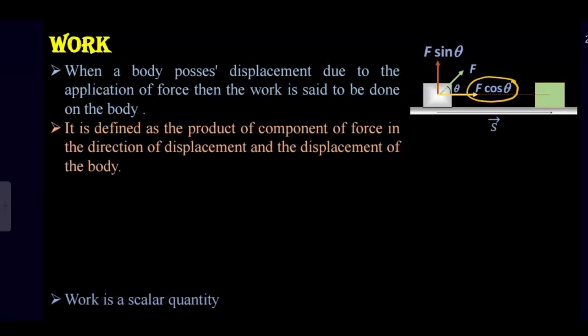So when a body possesses displacement due to the application of force, then work is said to be done on the body. If there is a displacement of a body, then only we have work done.